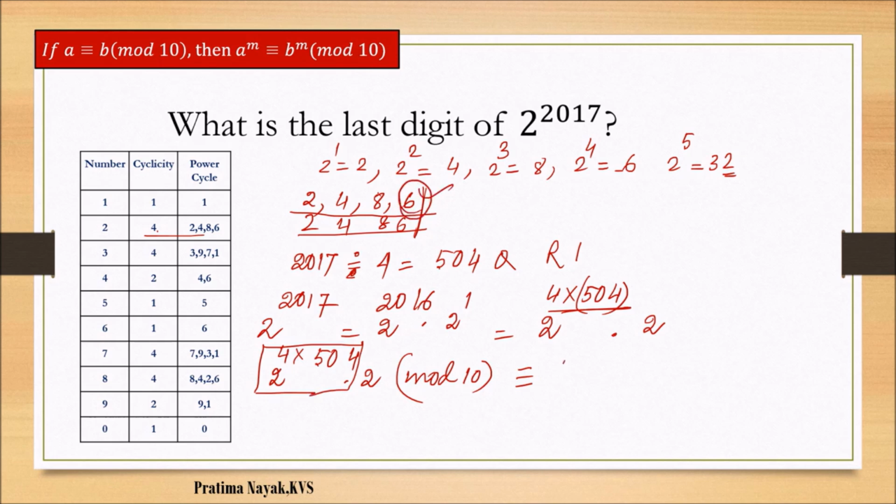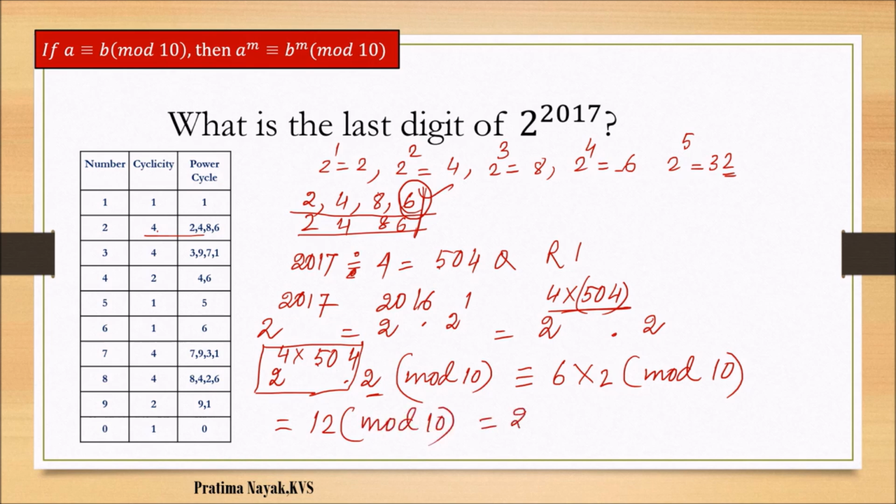So it will be 6 multiplied by this 2, modulo 10. 6 multiplied by 2 is 12. So 12 modulo 10, that means when I divide 12 by 10, I get remainder 2. So 2 is the remainder. 2 is the unit place digit.